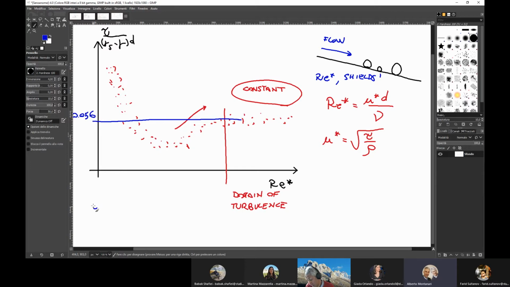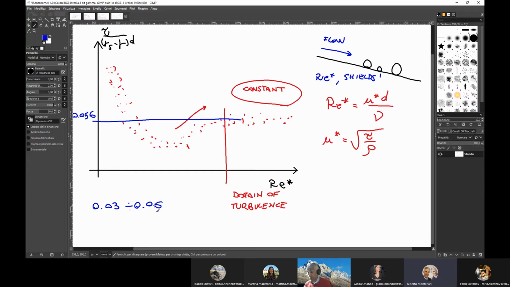Actually, the range is about 0.03 to 0.06. So what he found experimentally is really interesting. If you are in the domain of turbulence, and when we have waves hitting a groin, we indeed are in the domain of turbulence, the Shields number is close to constant.